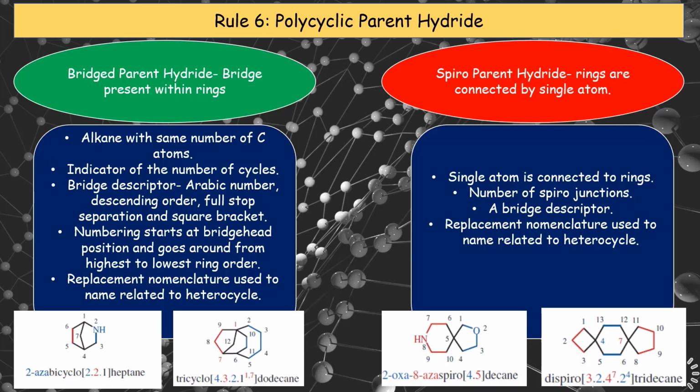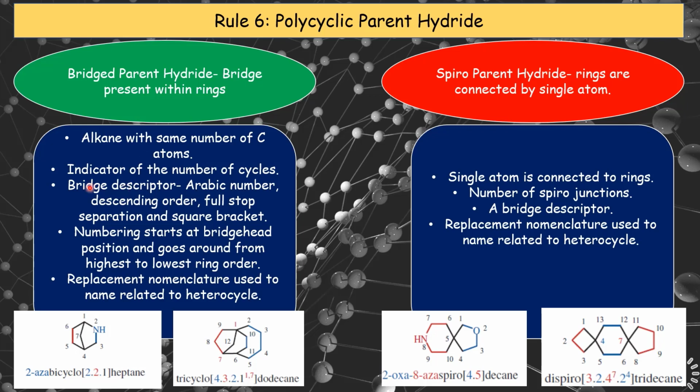In case of any polycyclic system, we have to check whether it is a bridged or spirocyclic system. For a bridged parent hydride, first we have to check the number of carbon atoms present in the alkane. Then you have to identify how many cycles are present. Next we have to write the bridge descriptor. How do you mention the bridge descriptor?